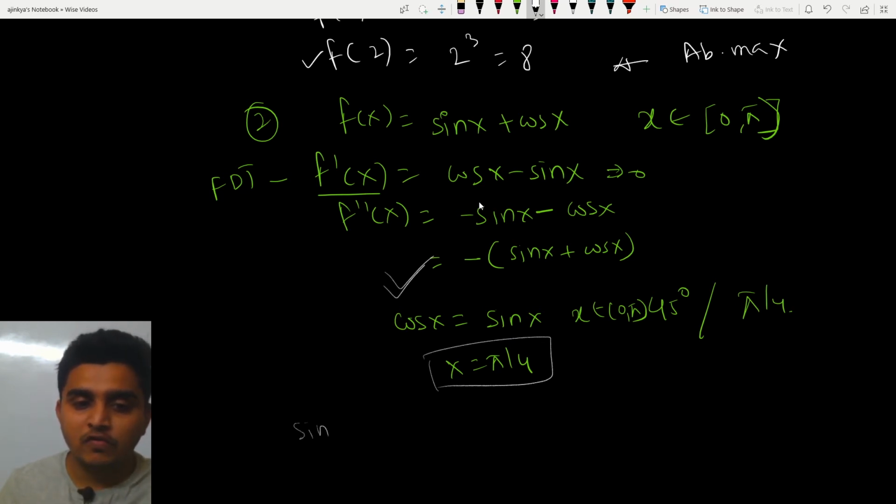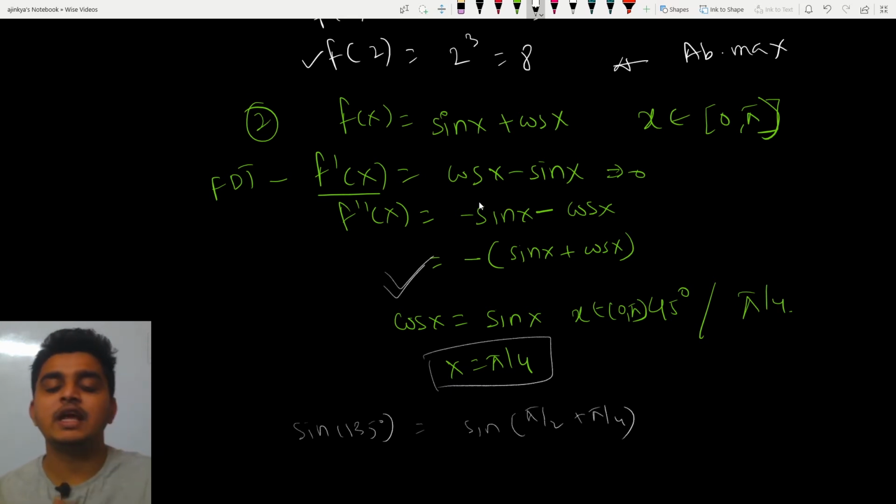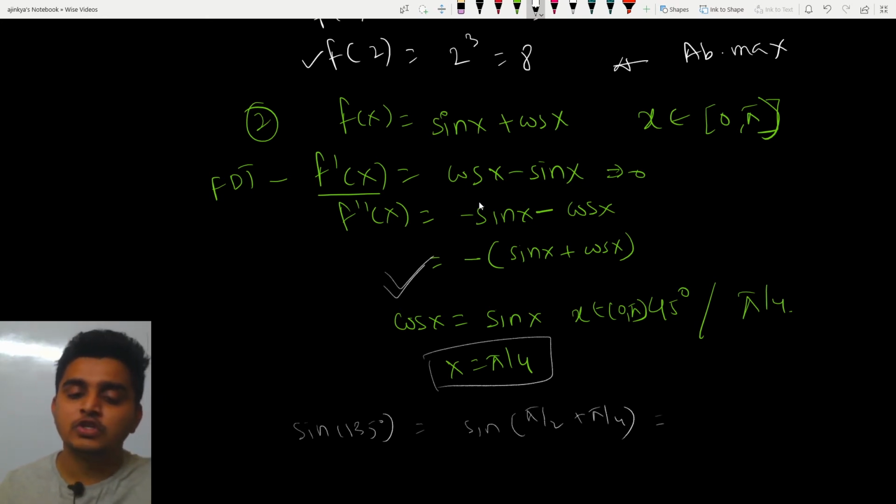So sine of 135, which is nothing but sine of pi by 2 plus pi by 4. This angle is still between 0 and pi, so we need to check these angles also. Sine of pi by 2 plus pi by 4 is going to be, since sine is positive in the second quadrant, cos of pi by 4.